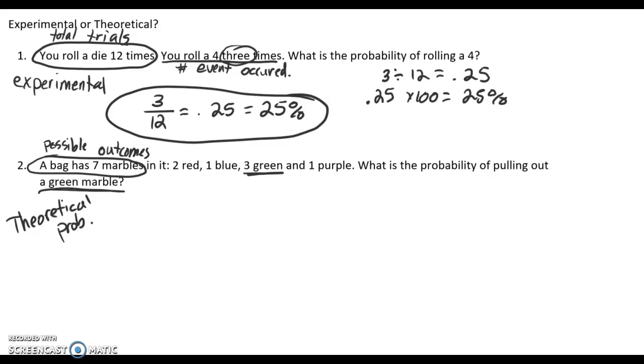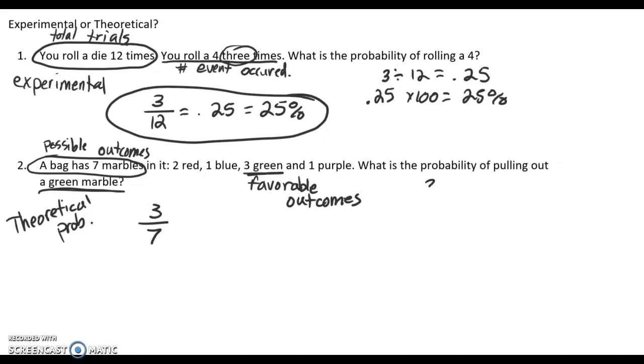And 3 green, because we're finding the probability of green, is our favorable outcomes. So when finding the probability for this problem, we're going to do 3 over 7, favorable over possible.